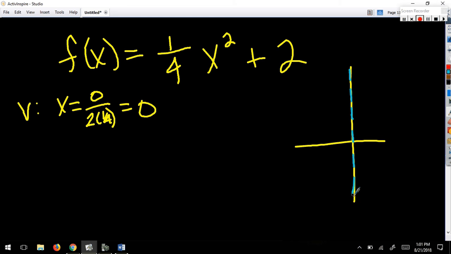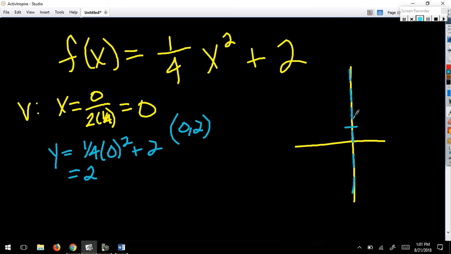So plug it in. 1/4 times 0 squared plus 2. 0 squared is 0, times 1/4 is 0, plus 2 is 2. Did everyone get 0, 2 for your vertex? Give yourself a pat on the back. That's the hardest part.